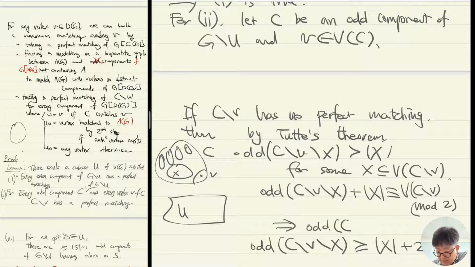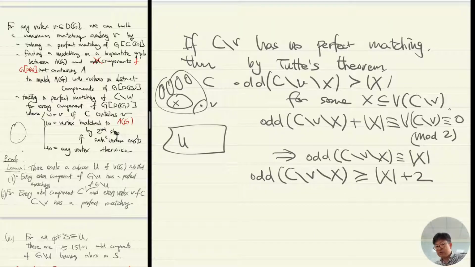Because this means C delete V delete X has the same parity as X. So they are both even or both odd. Okay? And that's the key property.